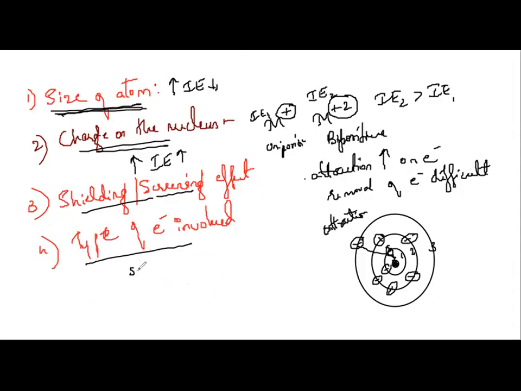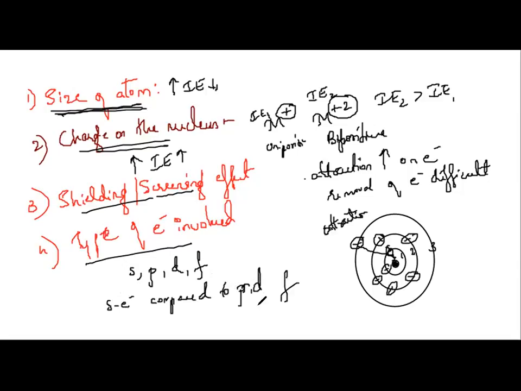Type of electrons means, is it an s electron, a p electron, a d electron, or an f electron which is being removed? See, s electrons are closer to the nucleus, so they are more tightly held as compared to p, d and f electrons.